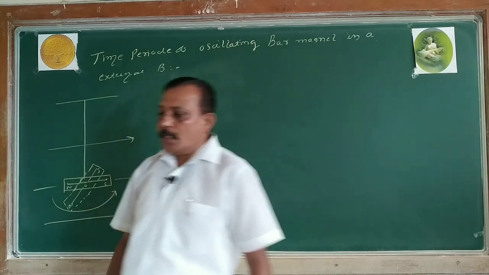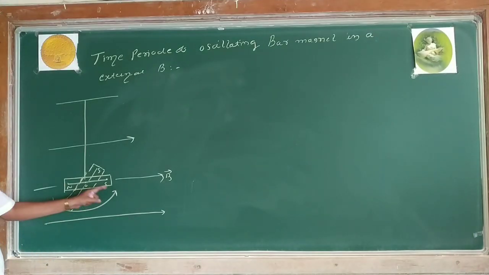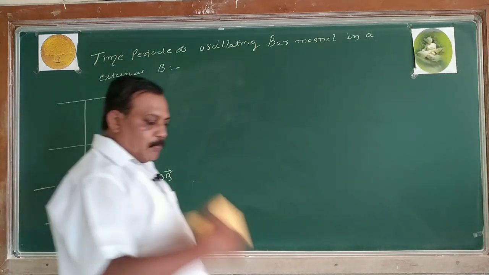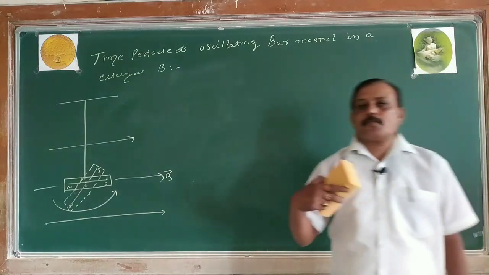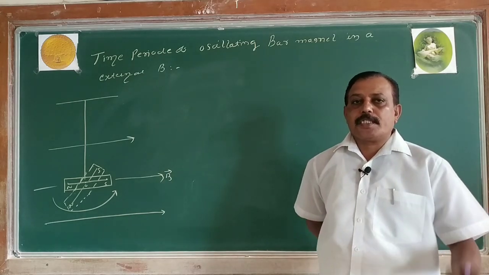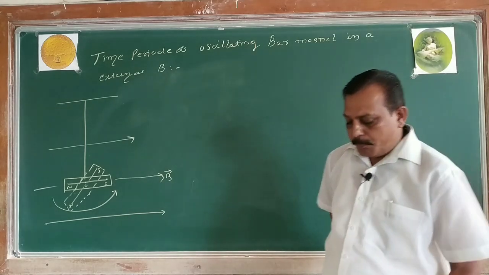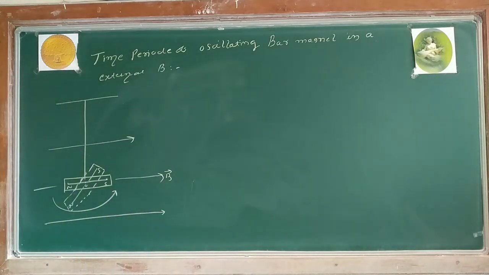That is called the restoring torque. One is the deflecting torque, another one is the restoring torque. To come to rest, the sum of the clockwise moments equals the anticlockwise moments. Restoring torque is equal to deflecting torque, equal in magnitude but opposite in direction. Now this is my basic concept.